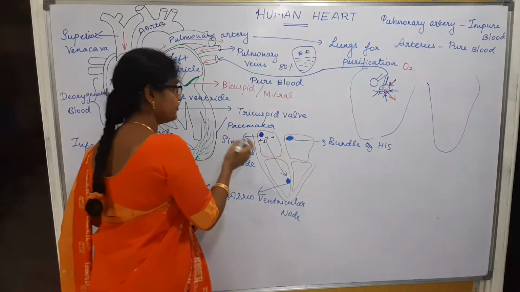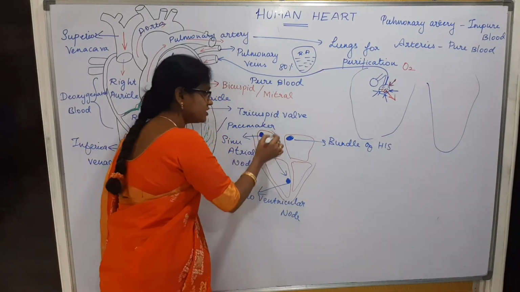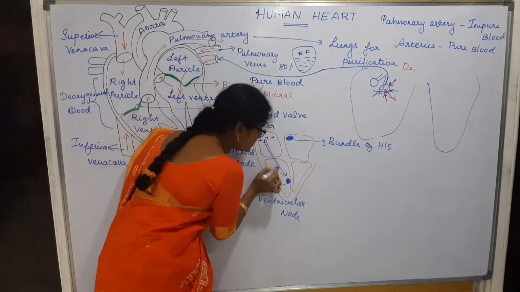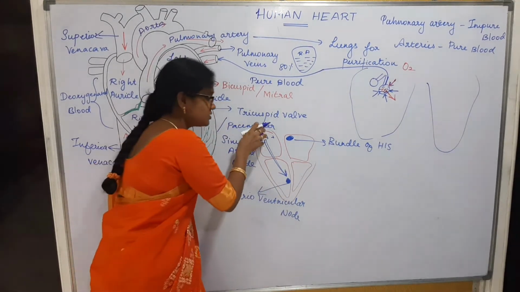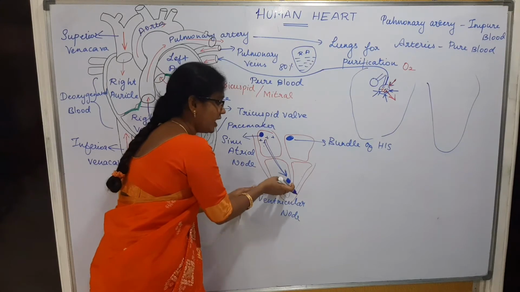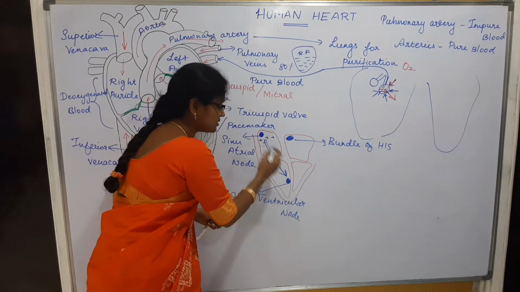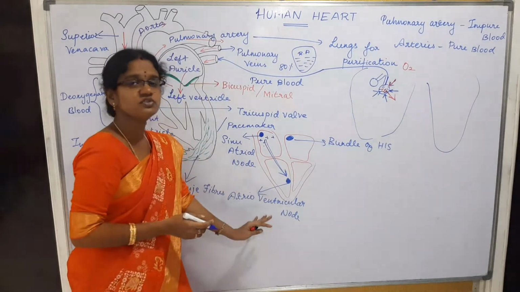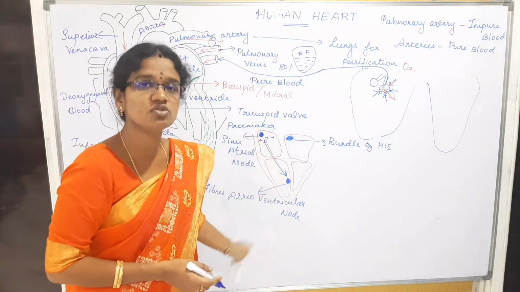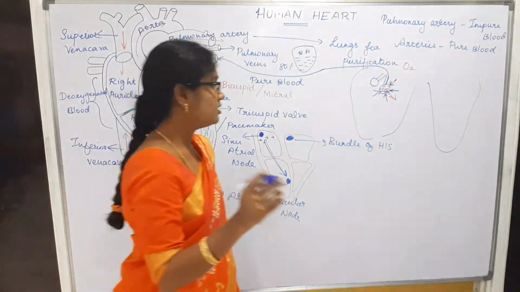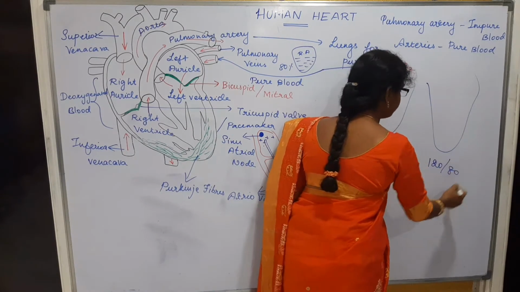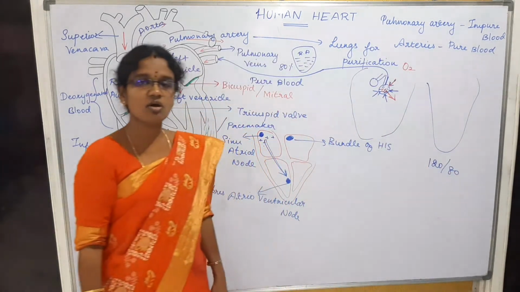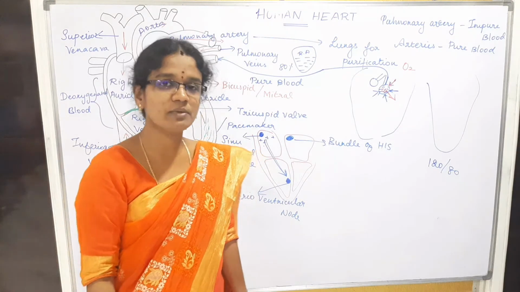If the sinoatrial node stimulates the impulses to the atrioventricular node, the contraction of the heart takes place, which is also called the systolic pressure. We know that 120 over 80 is the common blood pressure in human beings, right?